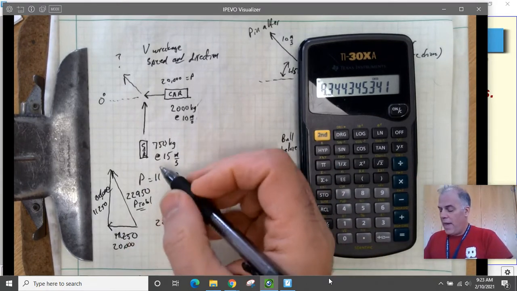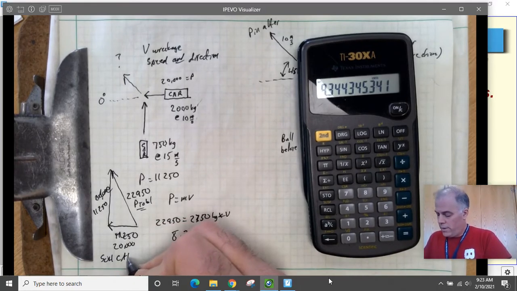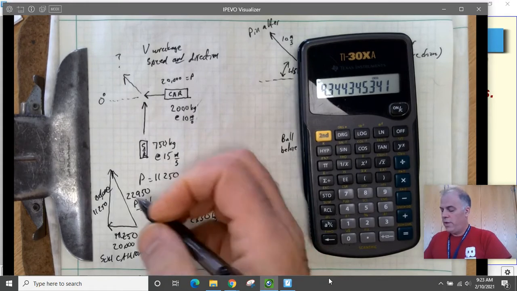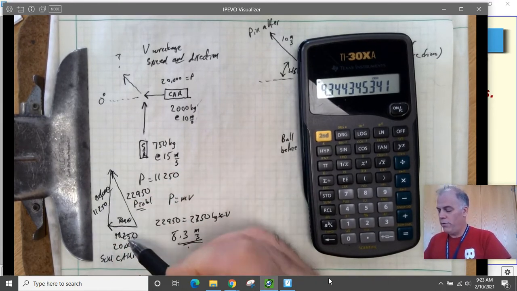And now we need to figure out the angle. And the way we figure out angles is with SOHCAHTOA. In this case, the tangent of theta is the opposite over the adjacent.